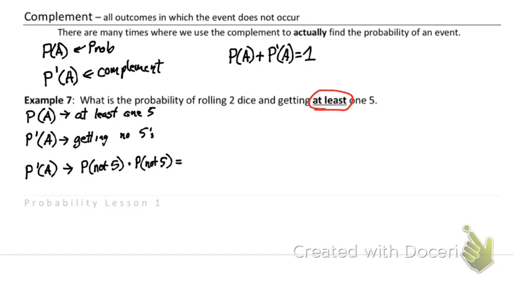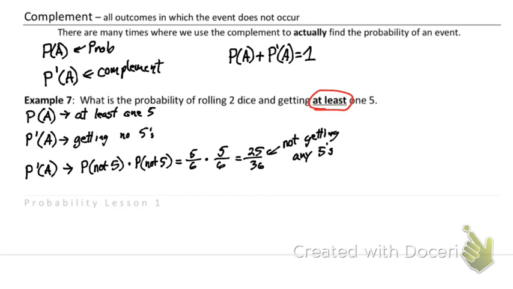Probability of not getting a 5, well, there's 5 numbers that aren't 5s out of 6. Times, how about not getting a 5 on the second die? Well, that's also 5 out of 6. This is now going to equal 25 out of 36. And what I want to note, that's the probability of not getting any 5s. But remember, this is our complement.